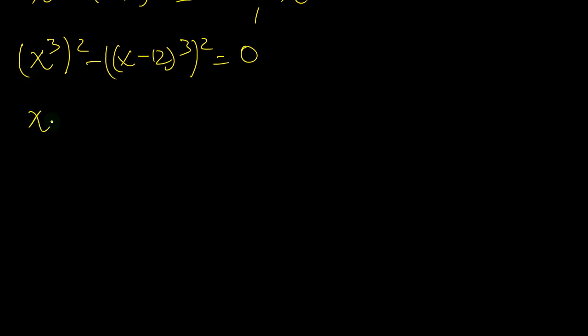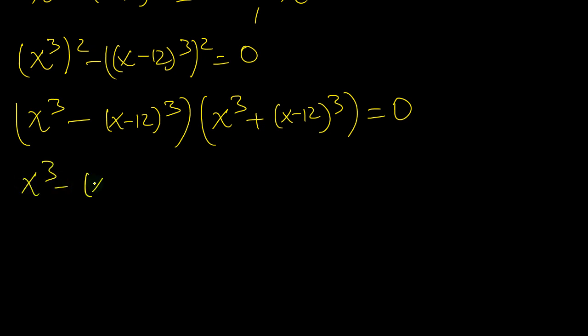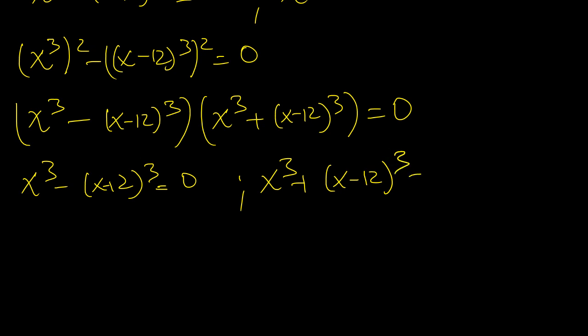So now this is (x to the 3 minus (x minus 12) to the 3) multiplied by (x to the 3 plus (x minus 12) to the 3), equal to 0. From here, x to the 3 minus (x minus 12) to the 3 is equal to 0, and x to the 3 plus (x minus 12) to the power of 3 is 0 as well.